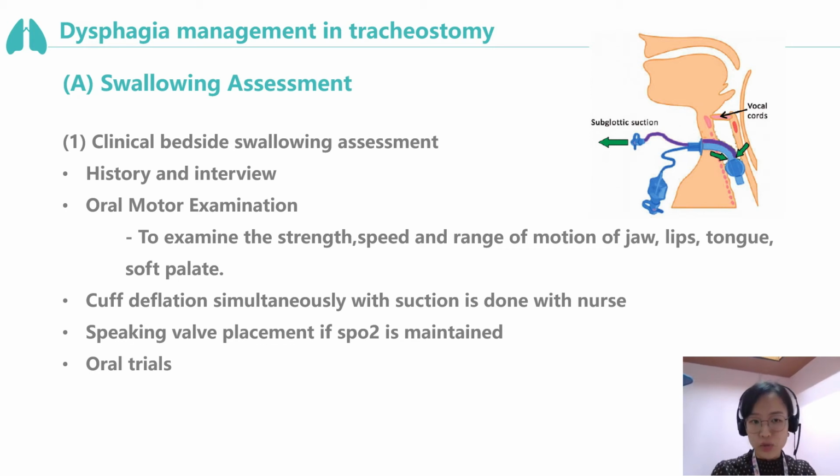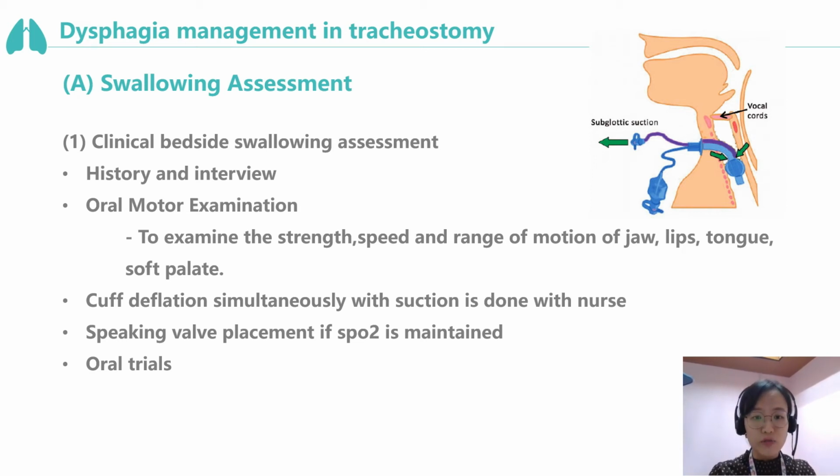Of course, first we need to collect the history and interview the patient, such as the reason for intubation, duration of intubation, and some medical history. Next we will conduct oral motor examination to examine the strength, speed, and range of motion of the jaw, lips, tongue, and soft palate.